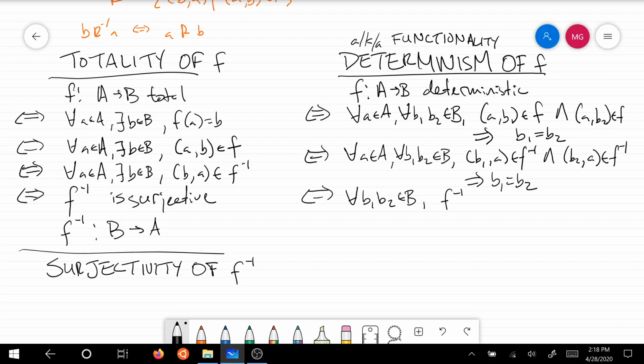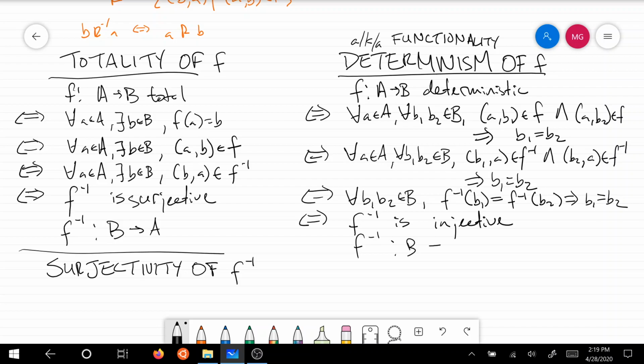I'll use function notation and just drop the quantifier for a because I'll just say what it's equal to. And then we'll find that b1 equals b2. All right, so this is going to be the case if and only if f inverse is injective, where here we again have f inverse of type B arrow A. But so we got here to injectivity of f inverse. Oops, that's a little messy.